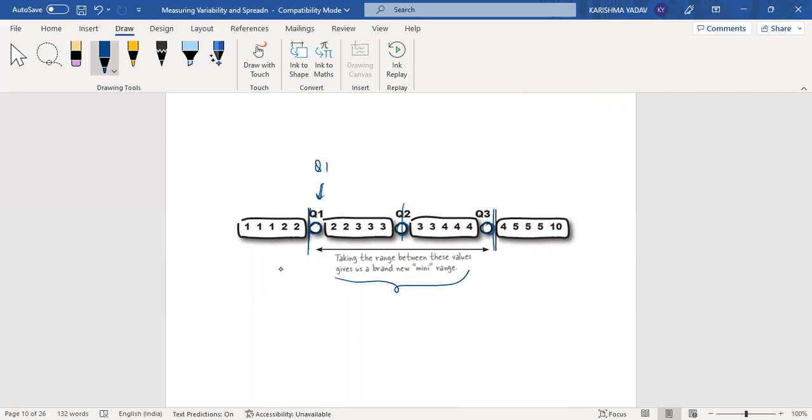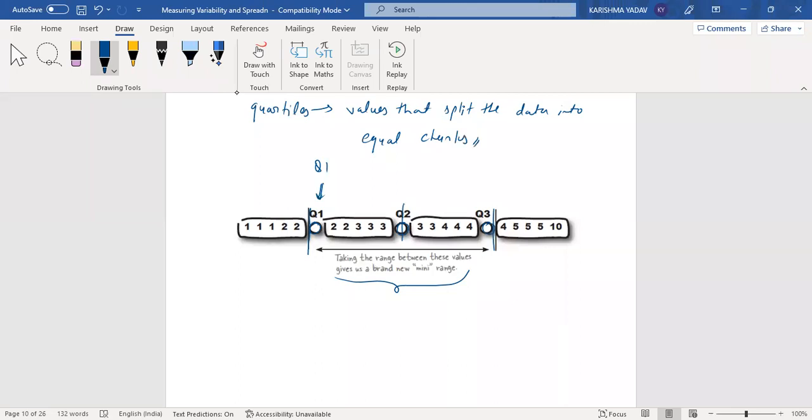Now see this, the values that split the data into equal chunks are called quartiles. What are quartiles? Quartiles are the values that split the data into equal parts.